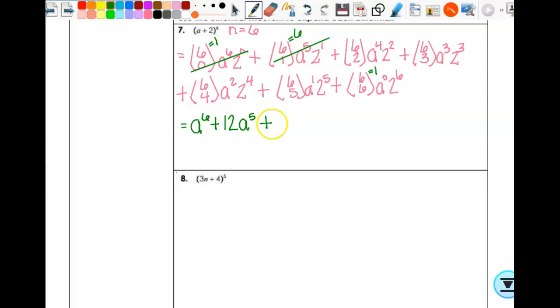Plus, then you're going to do 6c2 times 2 squared, and that'll be your coefficient for the next one. So you go ahead and do that one, see what you get. Should get 60 a to the 4th. And go ahead and keep on going.